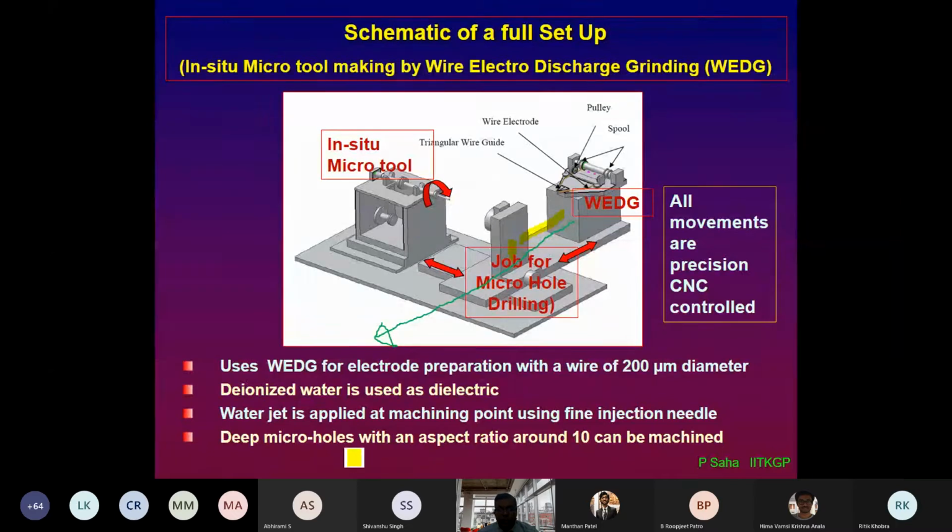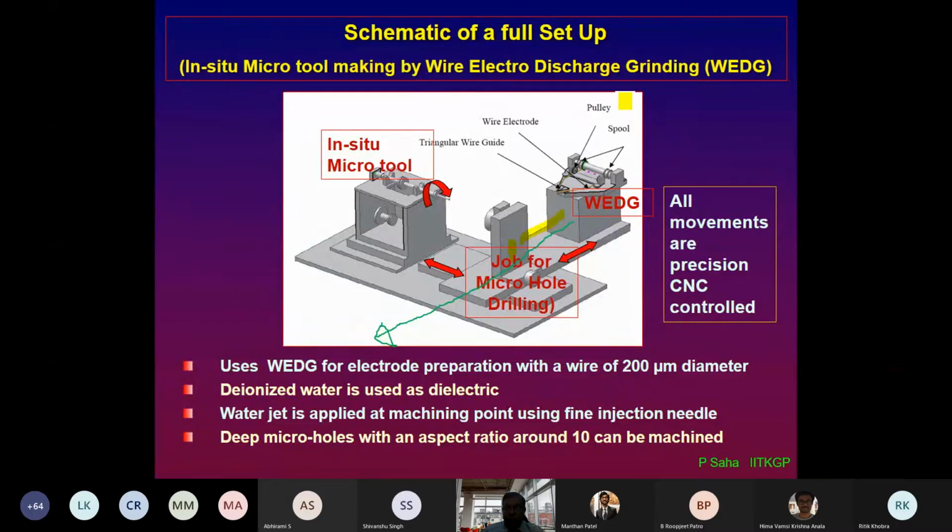So for this kind of arrangement we can make deep micro holes, high aspect ratio holes, where aspect ratio means the length to diameter of the hole. The ratio is something around 10.